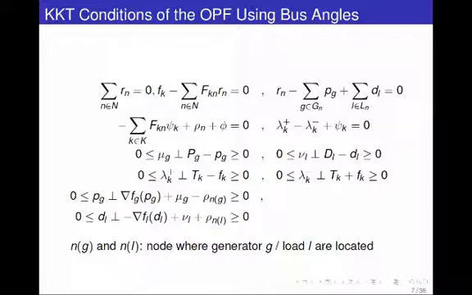What happens if a generator is producing above 0, below technical maximum? Use this, and you can say something about the relationship of its marginal cost with respect to some dual variable.